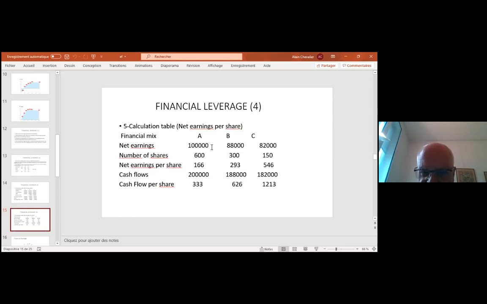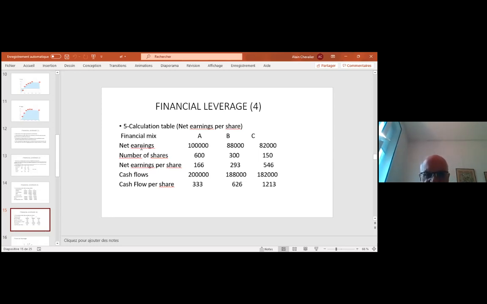If you have an increase in the level of debt, you also have an increase in earning per share and cash flow per share. It means the situation is not the same at the level of a company and at the level of the individual shareholder. There is some kind of contradiction between the interest of a company and the interest of the individual shareholder.